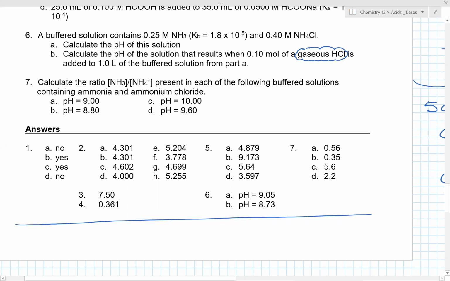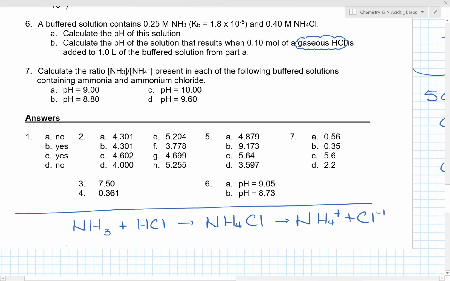So in this case, the NH3 will react with the HCl to produce NH4Cl, which you could break apart into NH4 plus and Cl minus.